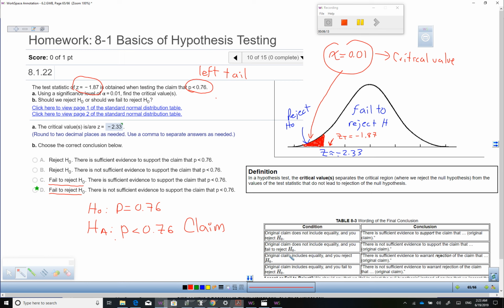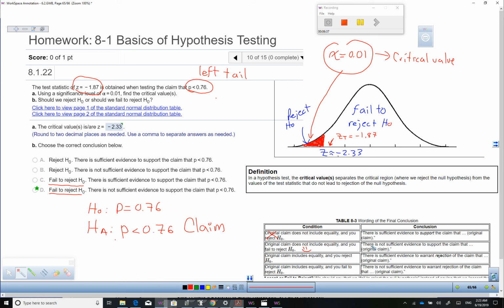Okay, so the claim does not include equality, and you reject the null hypothesis. No, this is not our case. We did fail to reject. Sorry, I missed that. And it says original claim does not include equality. Yes, that is our situation, and you fail to reject. Yes, that is the one I have here.